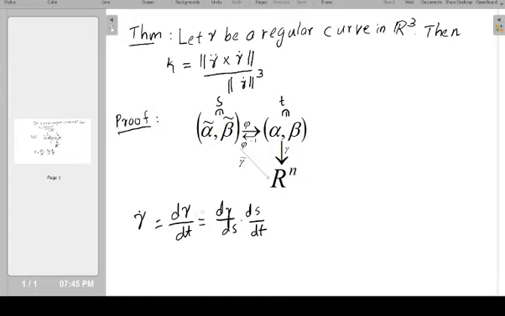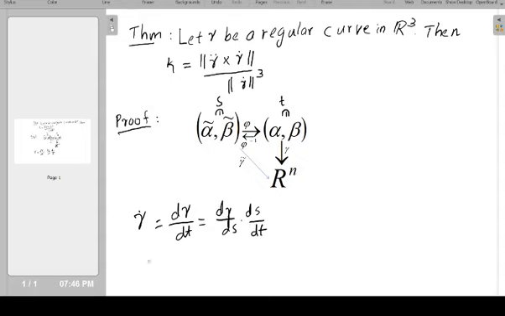So in fact the chain rule will give you d gamma by dt equal to d gamma tilde by ds into ds by dt, but gamma tilde I am going to represent as gamma only. So this tilde I will remove.